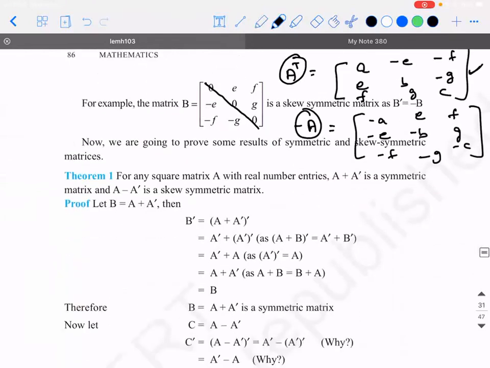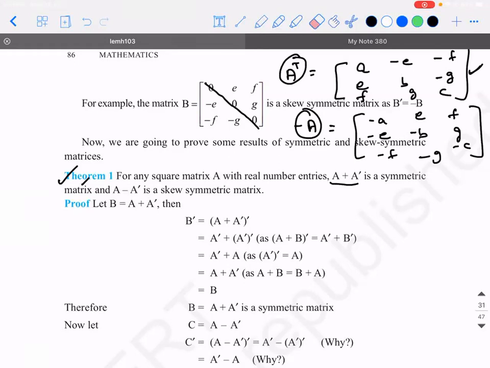Okay, there are some simple theorems. Theorem 1 is, for any square matrix A with real entries, A plus A transpose is always a symmetric matrix and A minus A transpose is a skew symmetric matrix. Are you guys able to understand this?